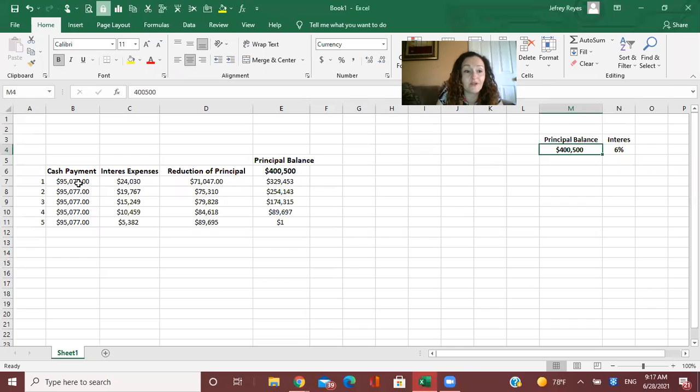So we start with the cash payment. Every year we have to make the payment. The first year, how do I calculate the interest expense? We multiply the principal by the interest rate, okay? So this is the amount of the interest expense, right?